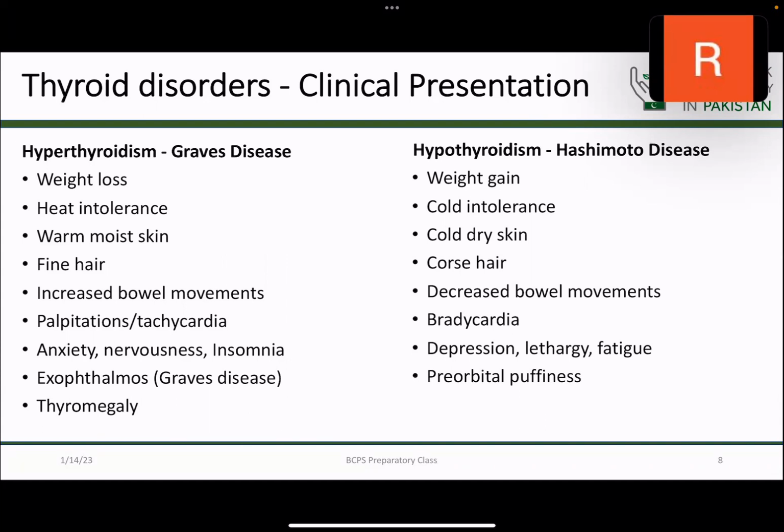Why is it important to see both clinical presentations? As we already discussed, when you treat a patient for hyperthyroidism, you are trying to decrease the secretion of the thyroid gland, so the patient may undergo hypothyroidism. The same is true for hypothyroidism treatment, because you are trying to increase the secretion of the thyroid gland with the help of medicine, so the patient could undergo a hyperthyroid state.